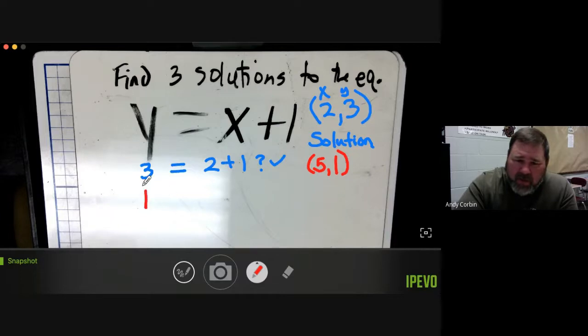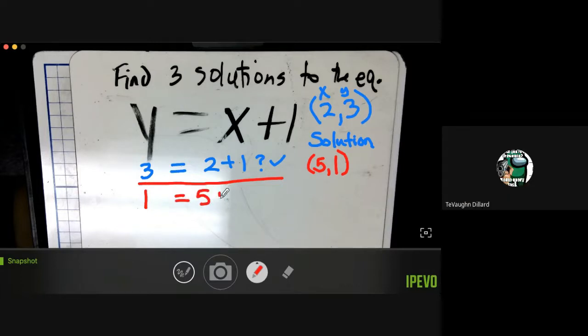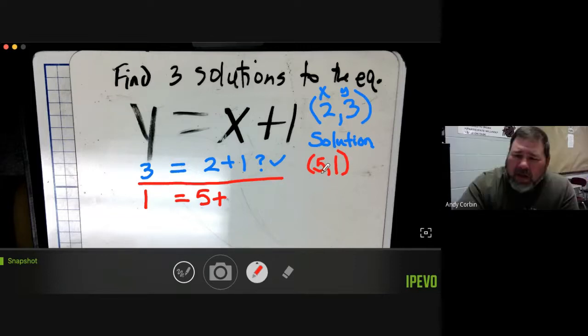So plug in 1 for y. Oh, no. I meant 1 as the end. I thought that was what y was. 6 is the first one. I put 6 at the first one. Okay, so y is equal to 6. Is that what you're saying?